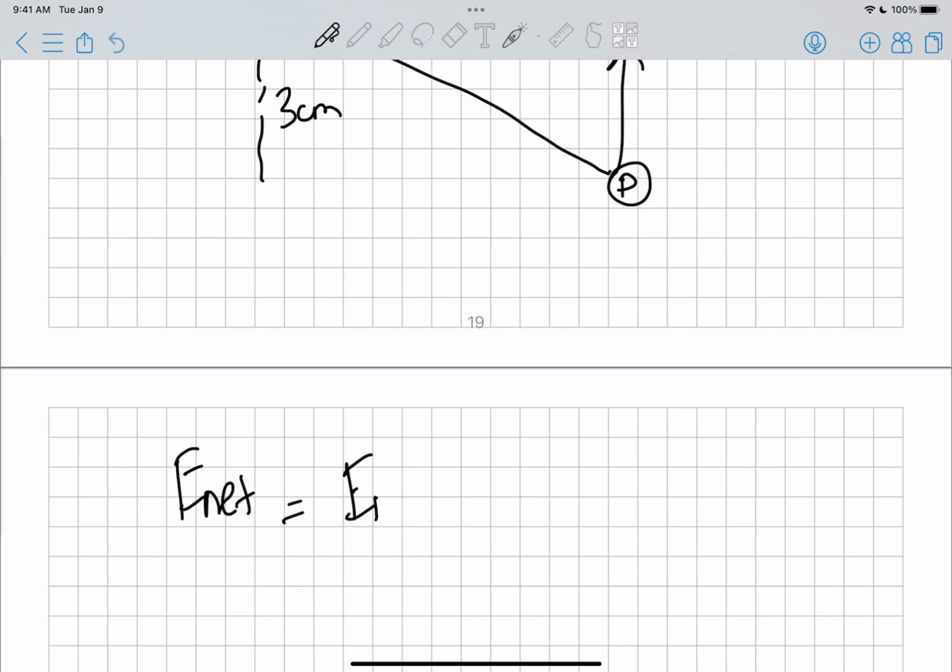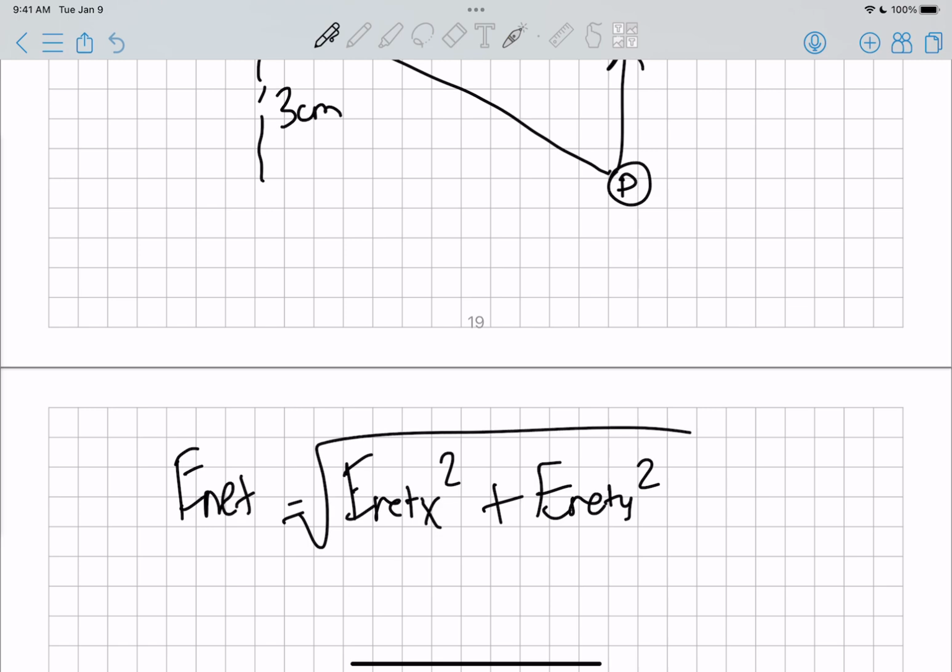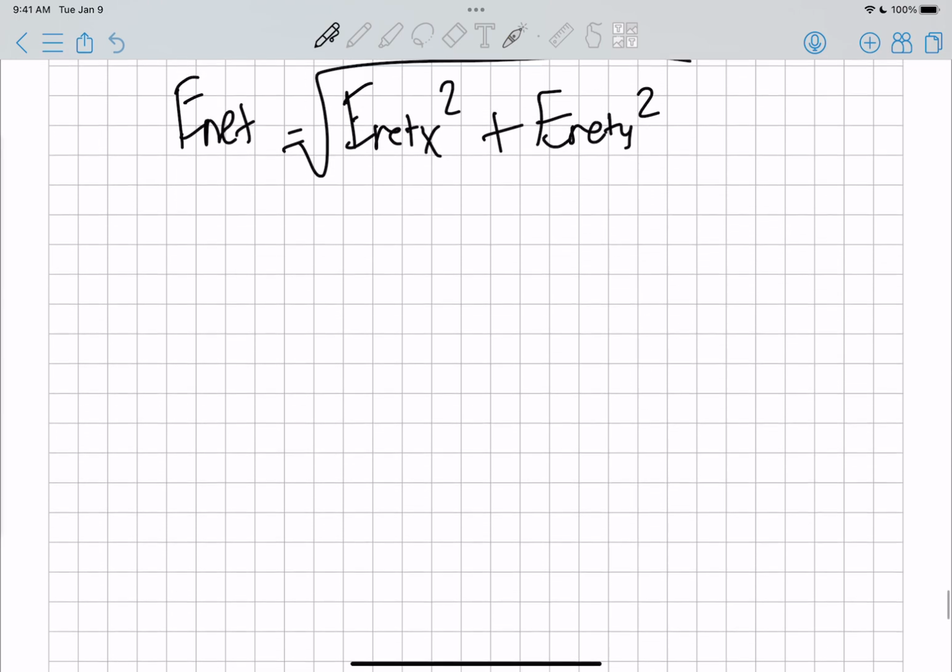So if I want to find E net, well, it's made up of E net x squared plus E net y squared, and then we take the square root, right? So what is E net x going to be made up of? Zero? Wait, hold up. Yeah, just Q1, right? So just the electric field from Q1, so just E1x, basically.